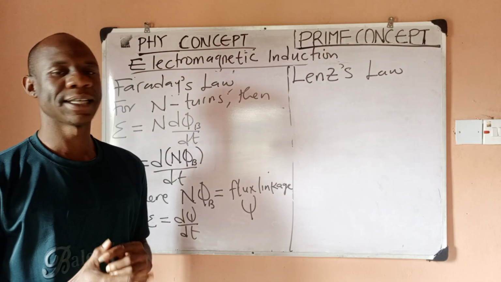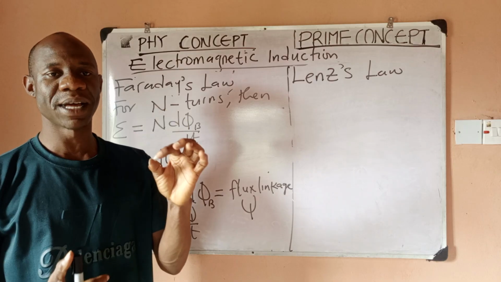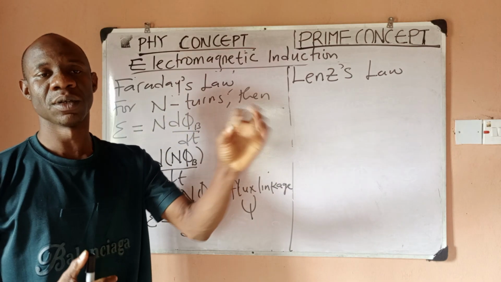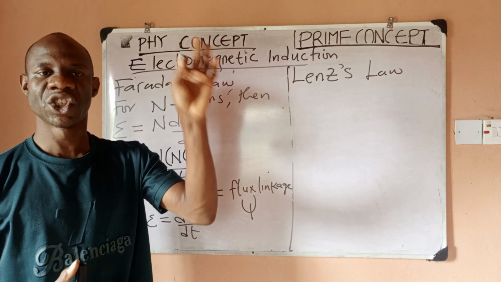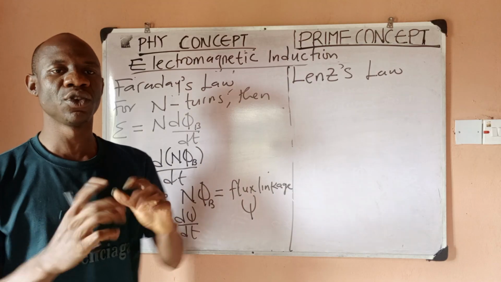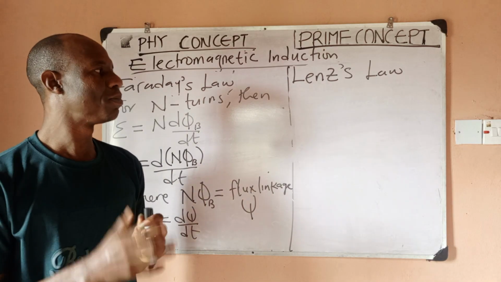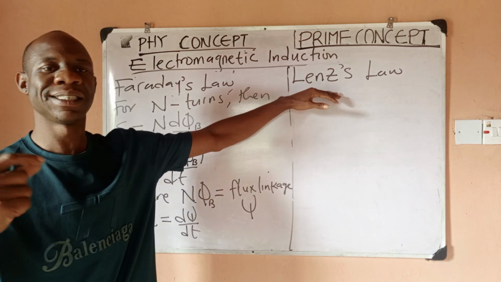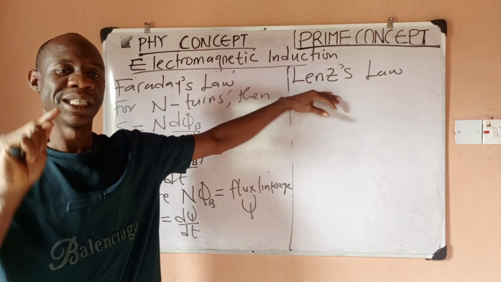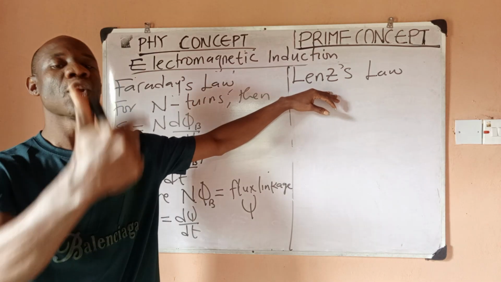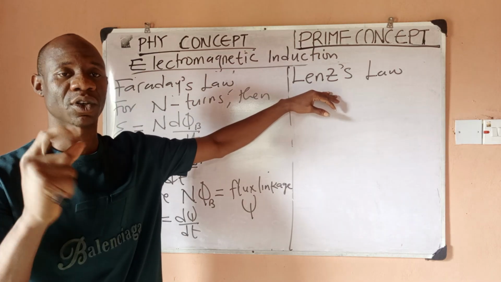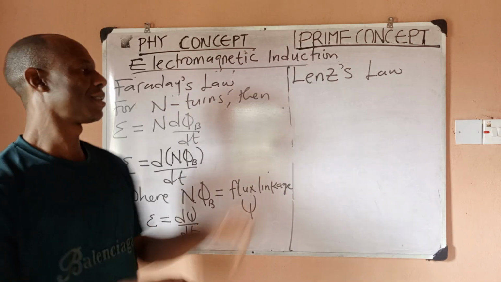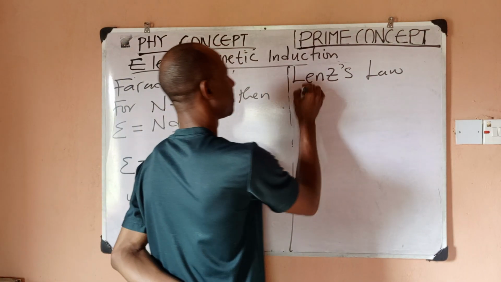Now, what does Lenz's Law say? Lenz's Law states that the induced EMF is in a direction that opposes the changing flux that produces the EMF. So I'll repeat. Lenz's Law states that the induced EMF is in a direction that opposes the changing flux that produces it. Let me write it quickly.